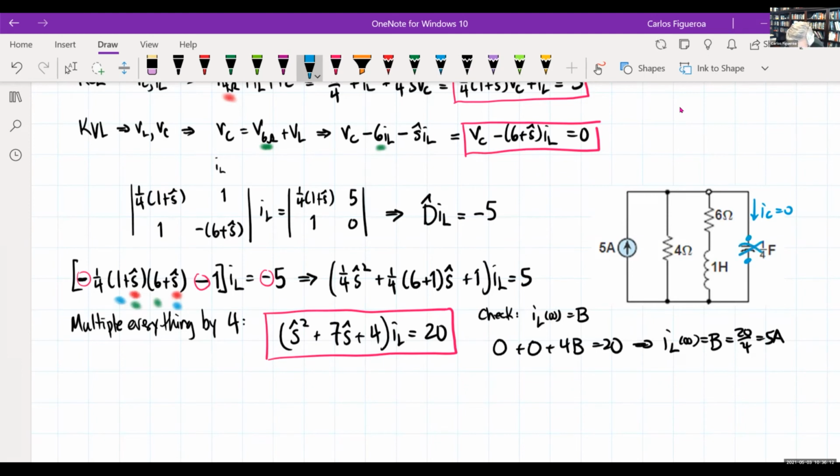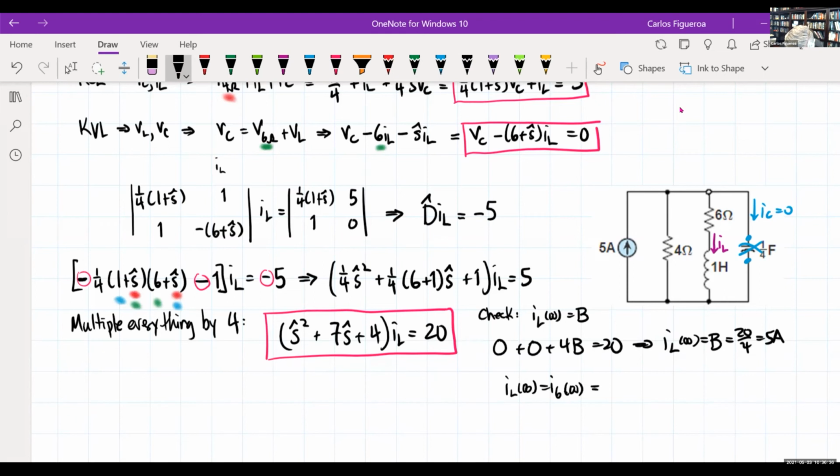So there's no cap, no current there. This guy becomes a short. So we can see here that the current of this guy is IL right there, but it's a short. So what I'm seeing here is that IL at infinity should be IL6 at infinity.